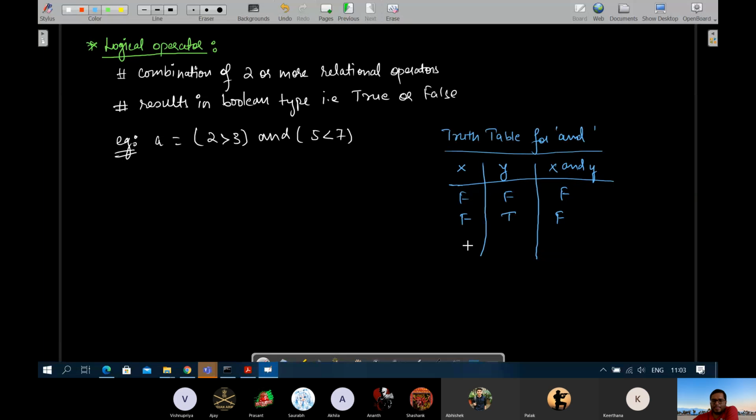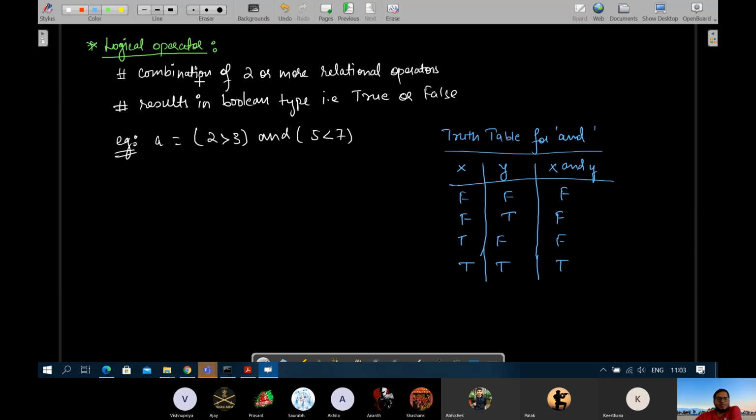Okay. X is true, y is false, result will be false. True and true will give you true. So this structure it follows.